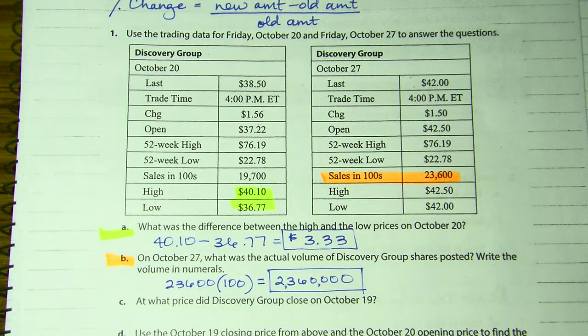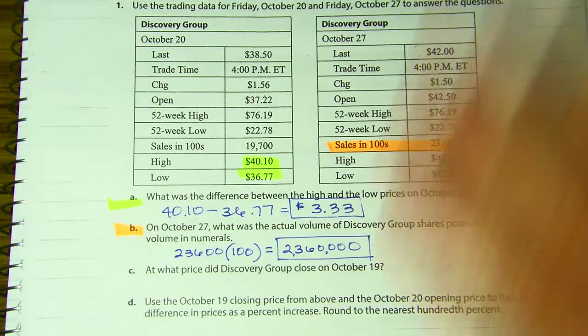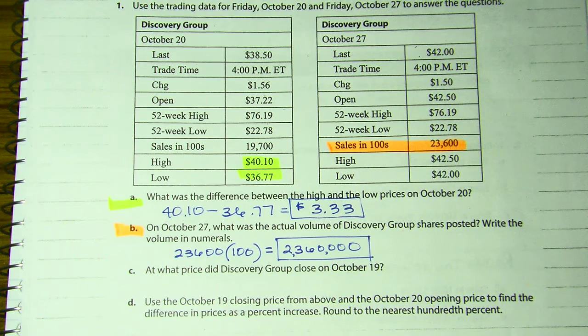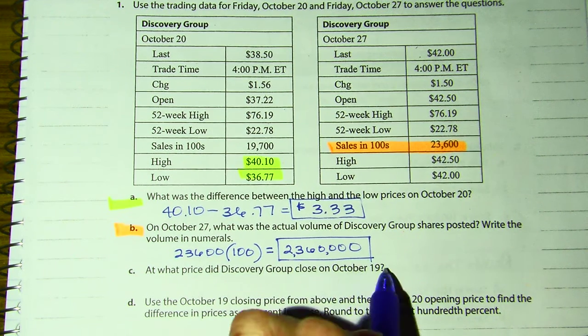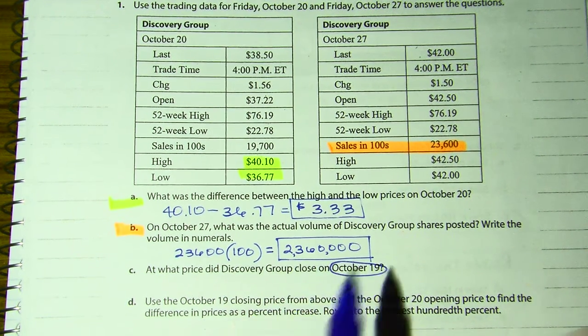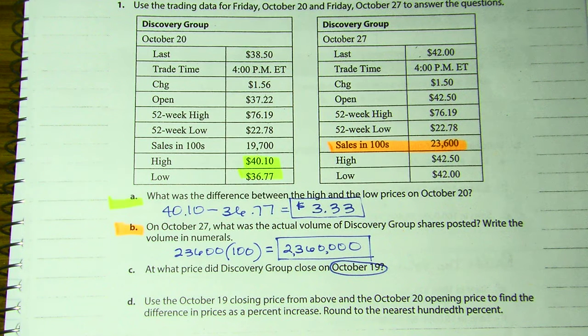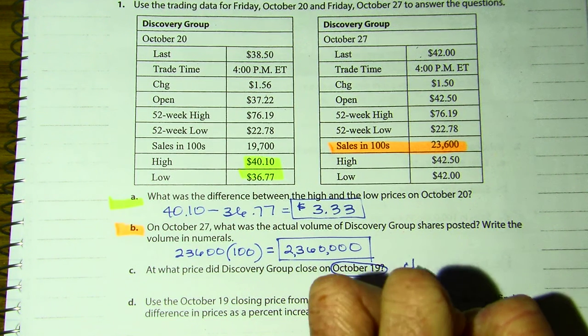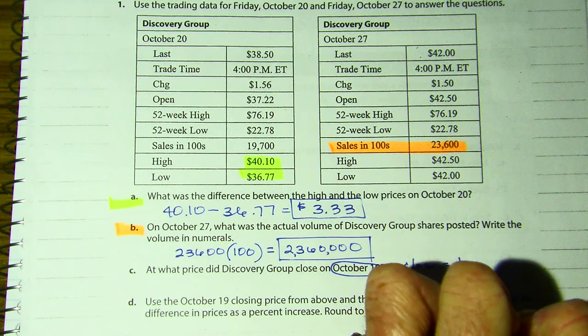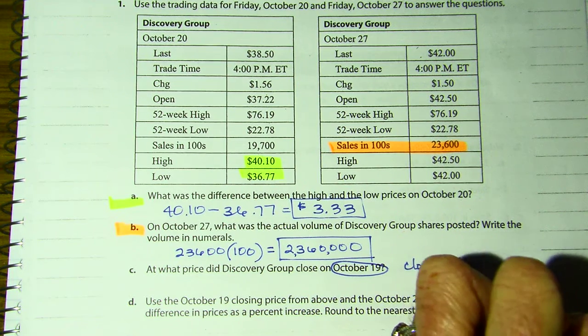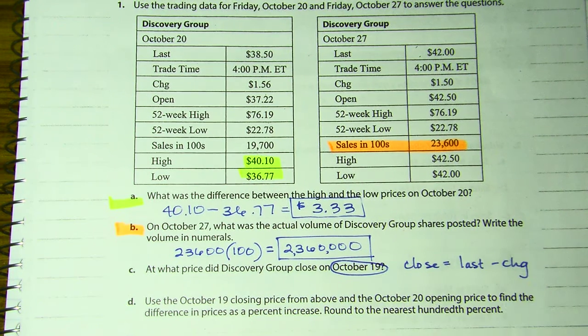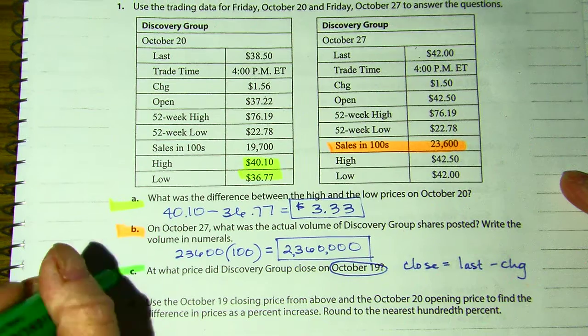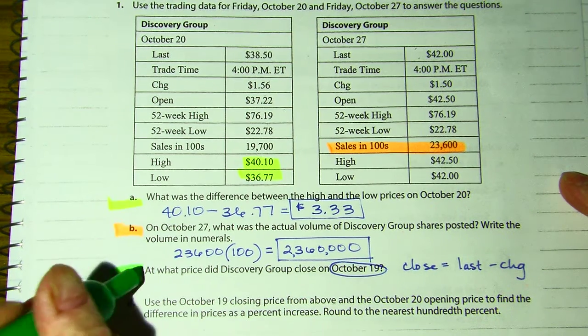All right, at what price did the Discovery Group close? Notice it says on October 19th. So they're wanting us to calculate the closing price. And so remember, close is the last minus your change. I'm looking at October 20th, and that would be the day before.